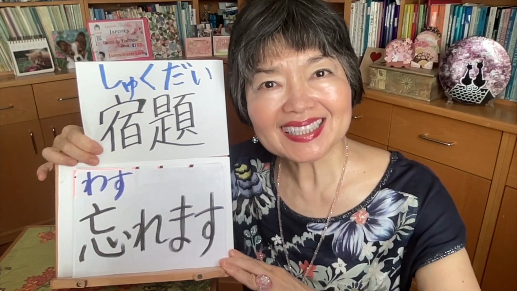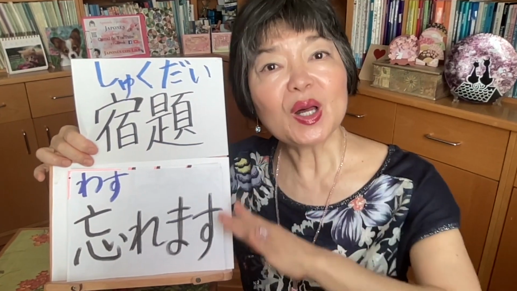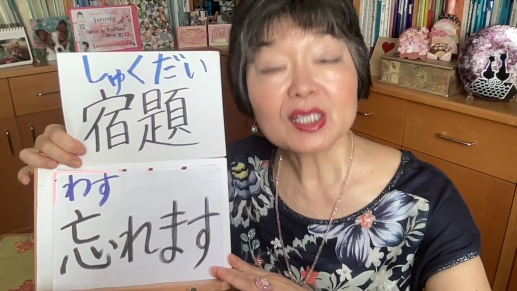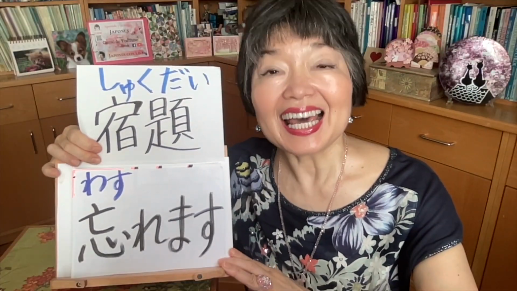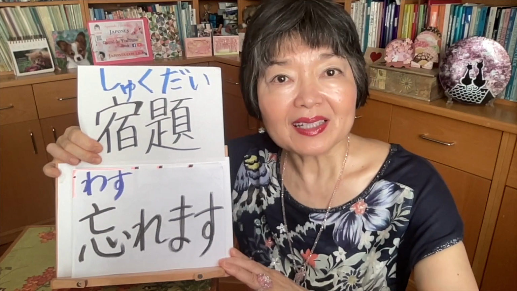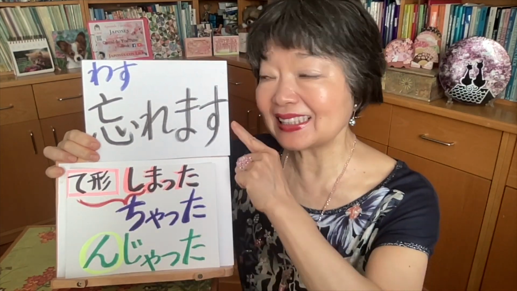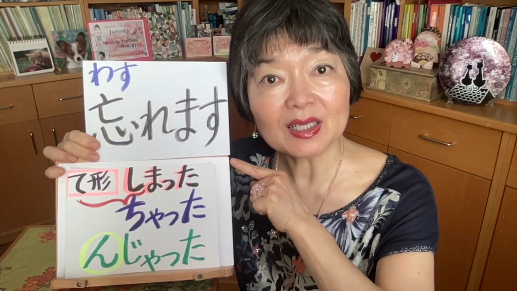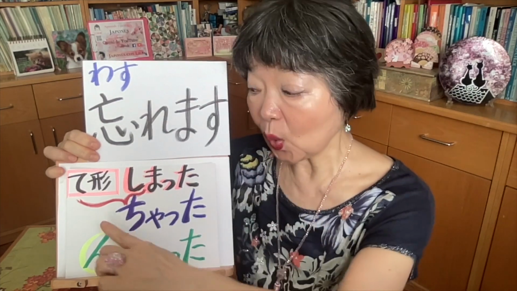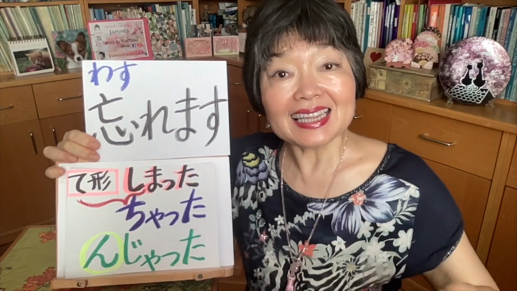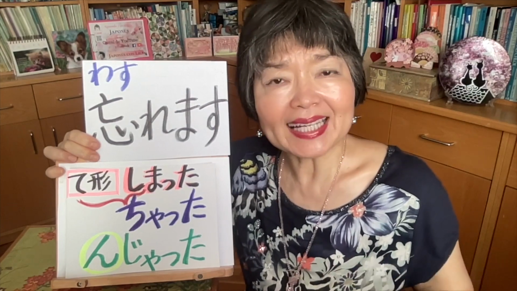I forgot the homework. 宿題を忘れました。 In this sentence, I just said what happened, but it doesn't express any regret. Now the same sentence using te form and shimatta. 忘れてしまった。忘れてしまいました。忘れちゃった。 In this case, I show my regret.